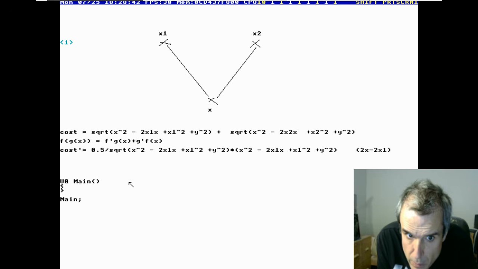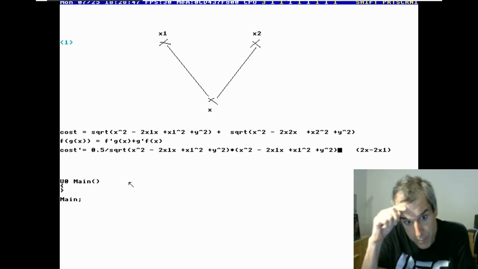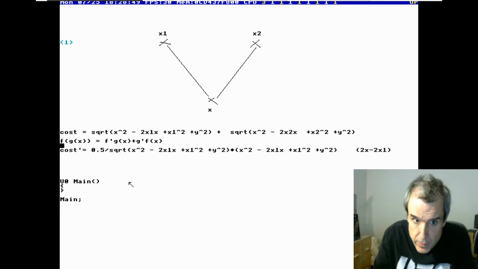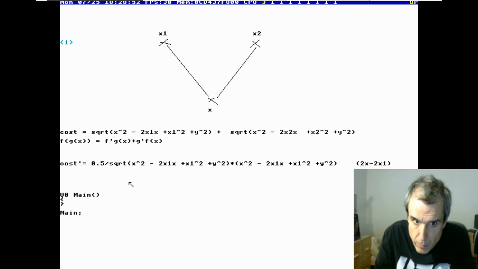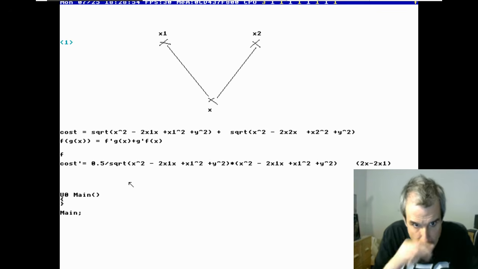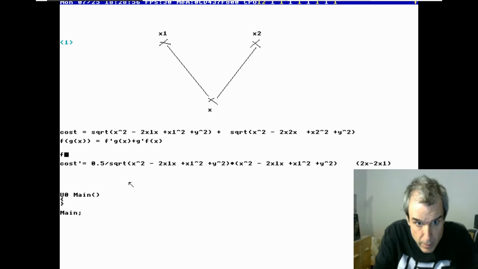So I guess we could physically write them out. I don't want to do that. But if I get confused, I just might have to do it. No. F of x.